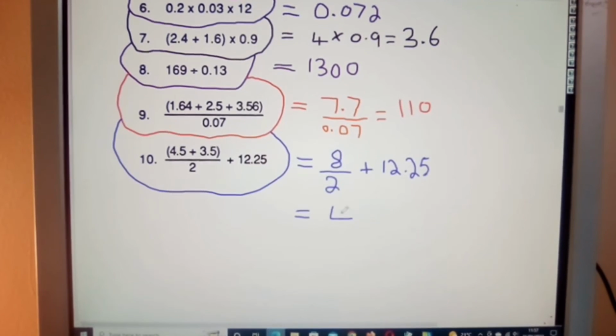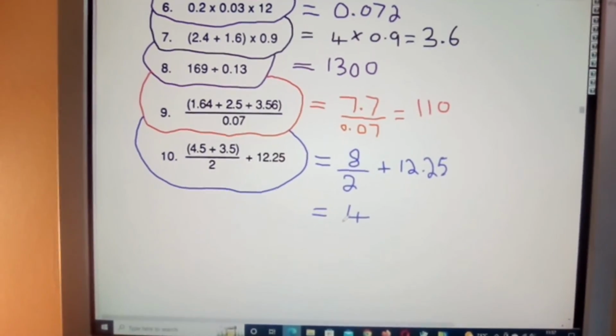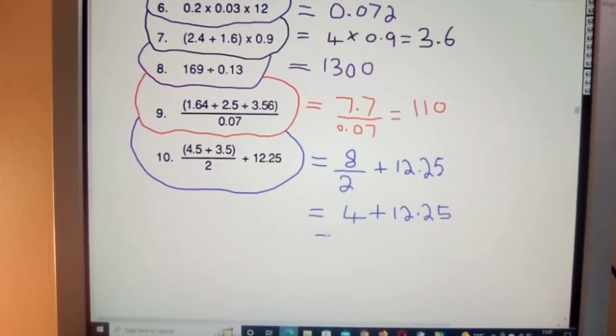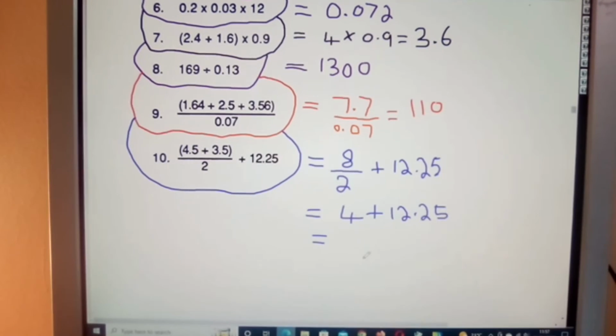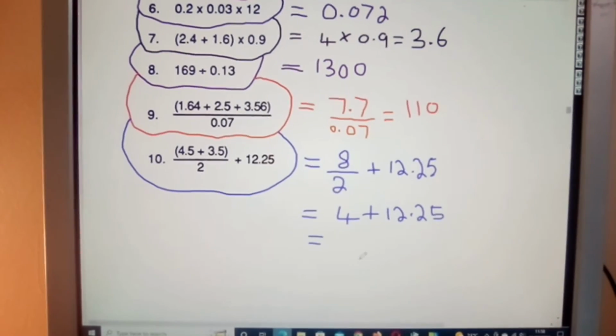And do we agree on that? Equals 4. So plus 12.25 equals 16.25.